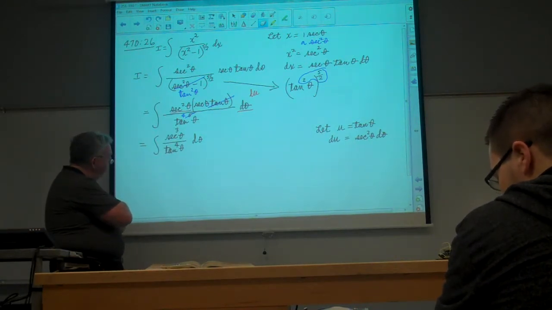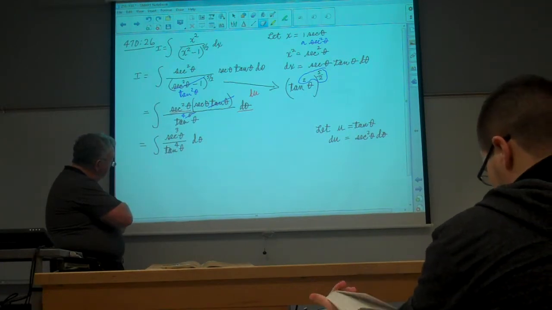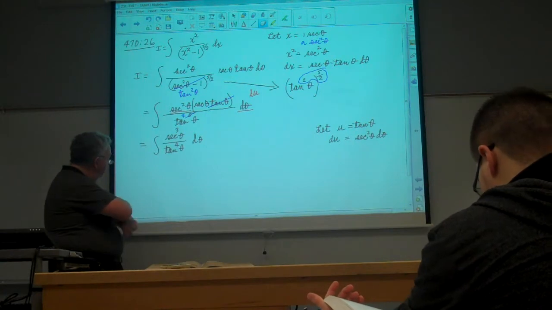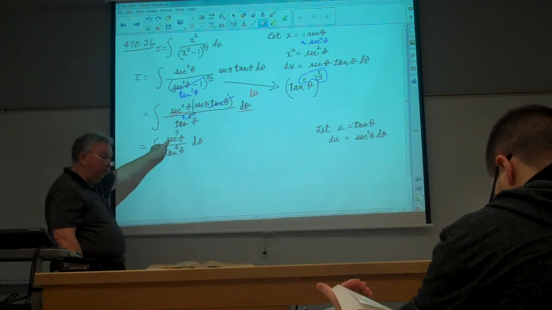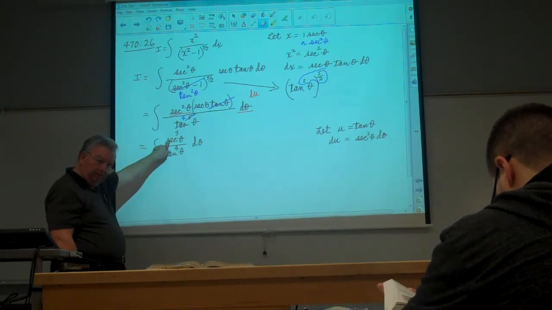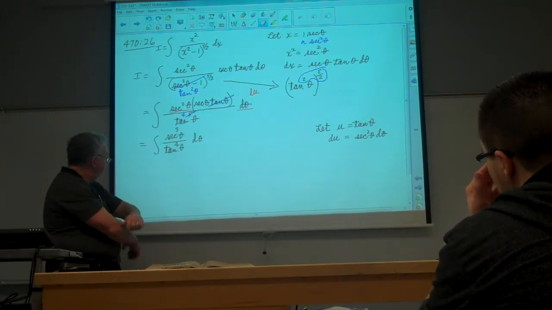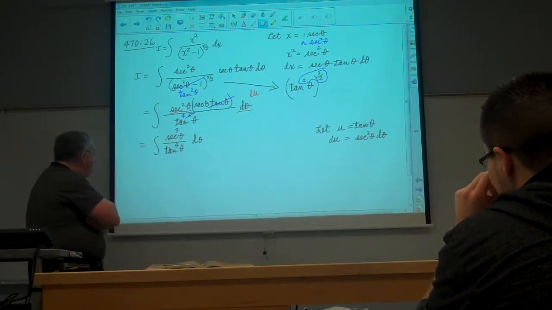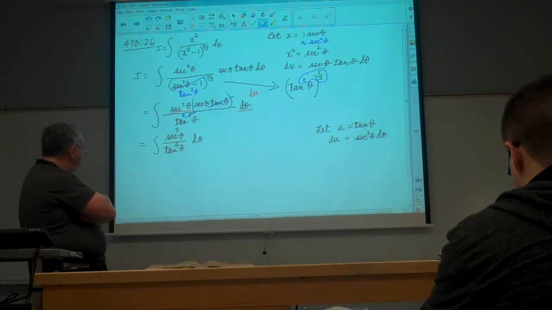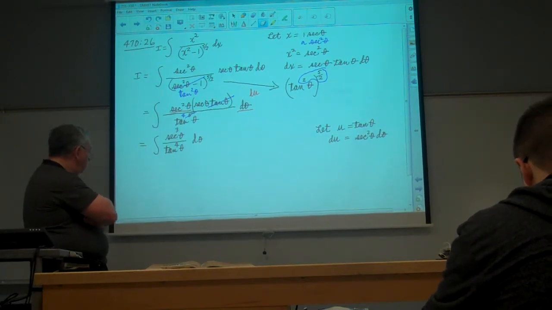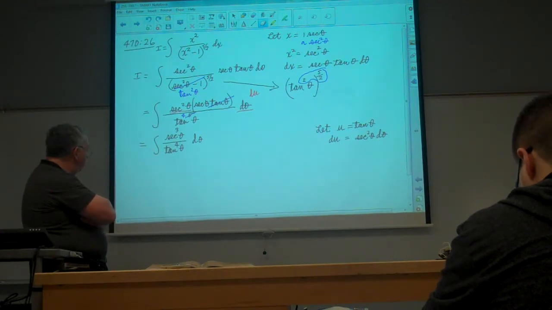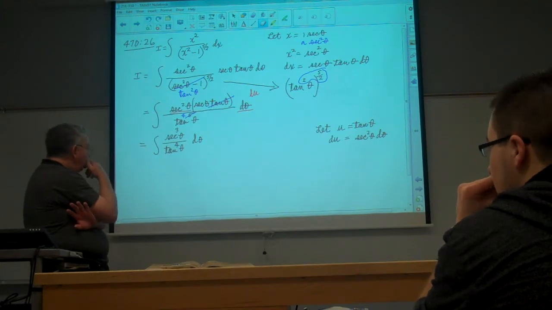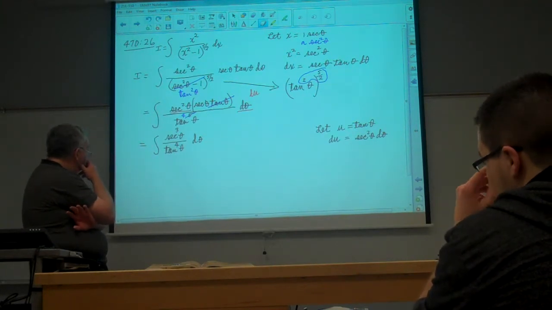But then, in order to do the u's, I'm still going to have u to the fourth, and then I've got a secant left over up here, don't I? You see my problem? If I were to change tangent to secant squareds and have the whole thing in secant squares, then I'd have to multiply it out 4 times, and I don't want to do that.